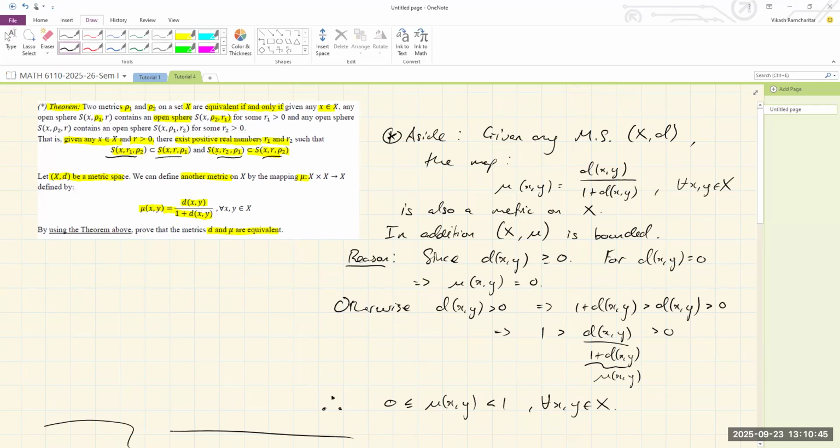So in this case, I didn't use this notation. The notation I was using was S rho 2 r1 x, and for this guy, I use the notation S rho 1 r x. Okay, but it doesn't matter what notation you use. Okay, so that's it for that question.